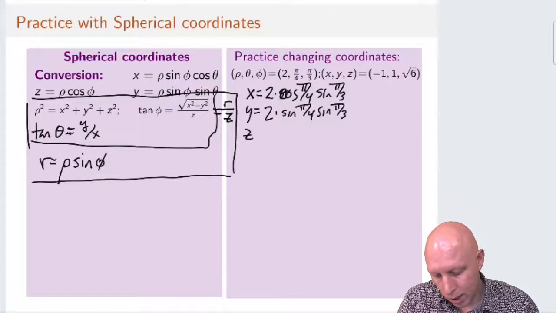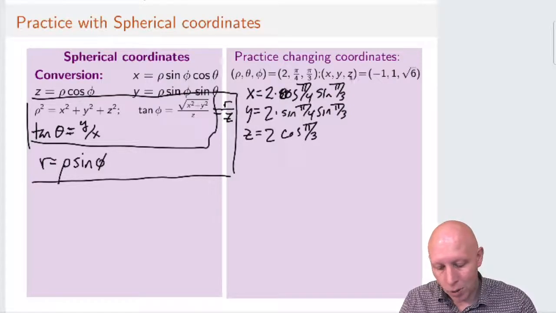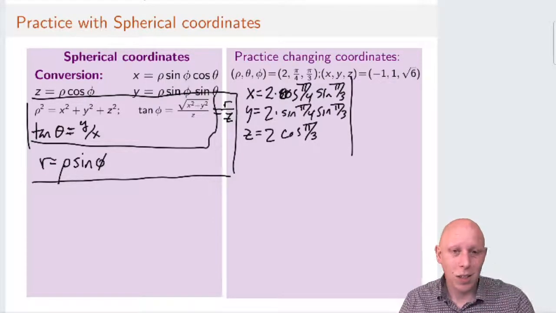And we get that z is equal to 2 times cosine of pi over 3. So we can evaluate those directly. We can also get Mathematica to do that for us, and we'll go over and do that. Let's just look at this other example.